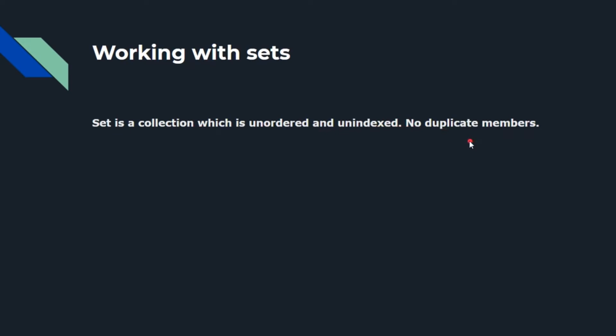No duplicate members. You cannot add duplicate members. If you try to add duplicate members, then it will be ignored. So suppose that if we have some duplicate data, we can use set to remove duplicate data from our data.